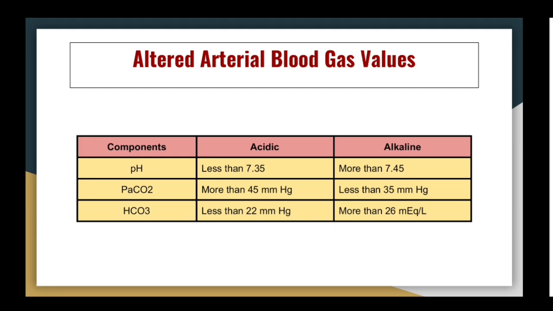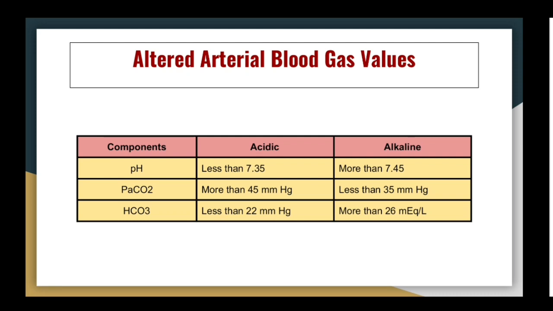So we are aware of the normal components of arterial blood gas. We can say these ABG values are altered, first, if the pH is less than 7.35, we say it is acidic, and if it is more than 7.45, we say it is alkaline.